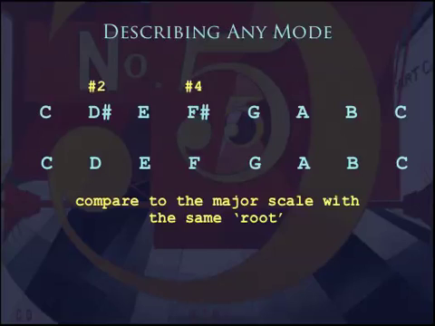Now, assuming that the numbers that we don't mention in our list are the ones that are the same as the ones in the major scale, so the 3, 5, 6, and 7 are the same as the major scale, that pretty accurately describes exactly what this mode is all about. You could take any major scale and then sharp the 2, sharp the 4, and keep all the rest of the notes the same, and then you would end up with this interval pattern and this sound of this mode. So that's the method that we'll be using in our class.